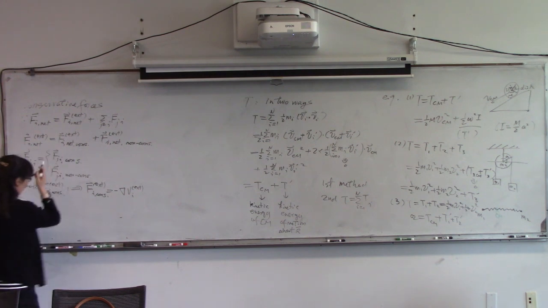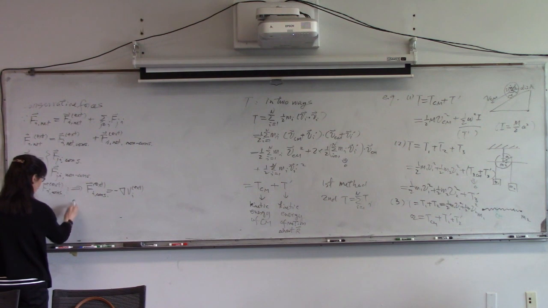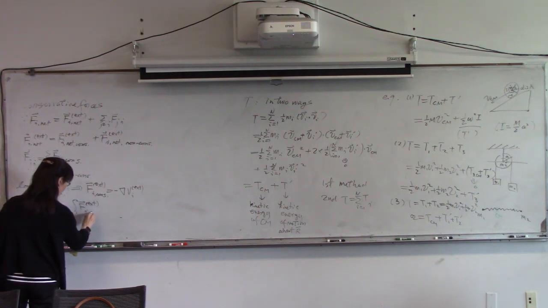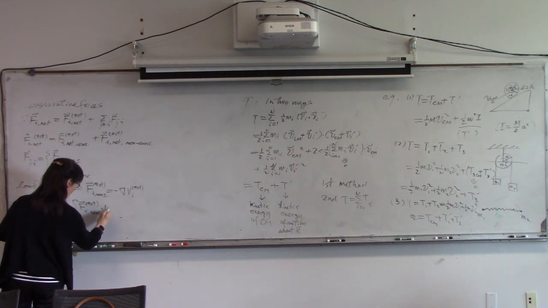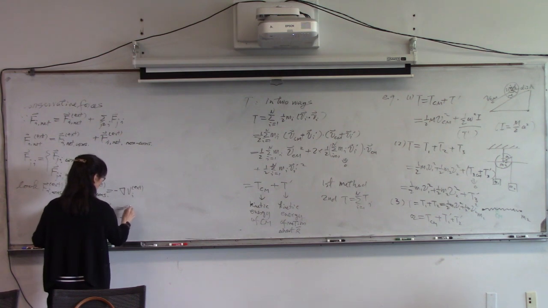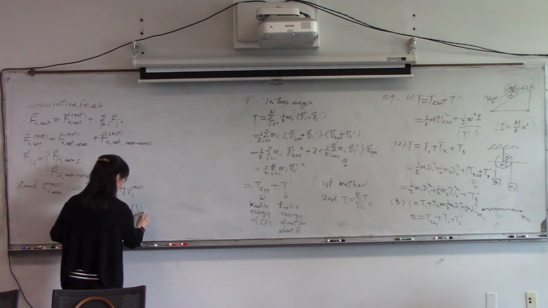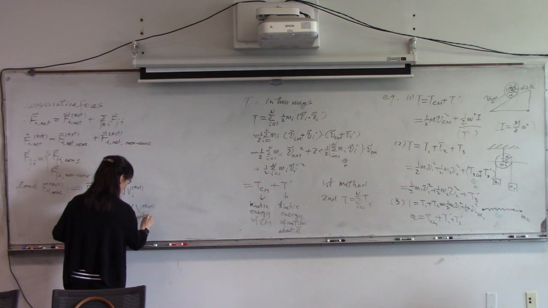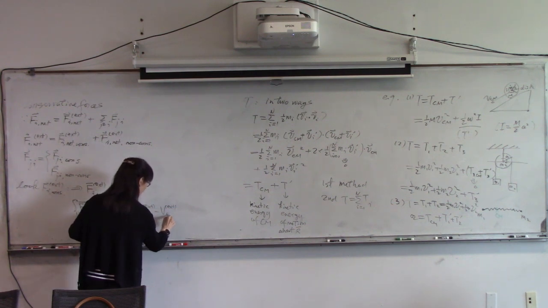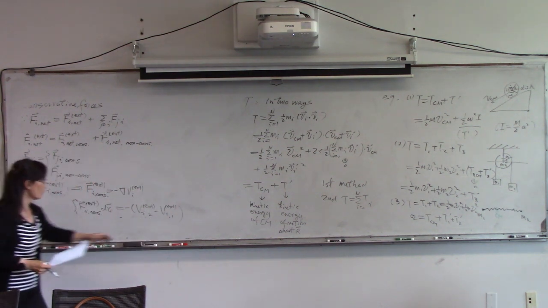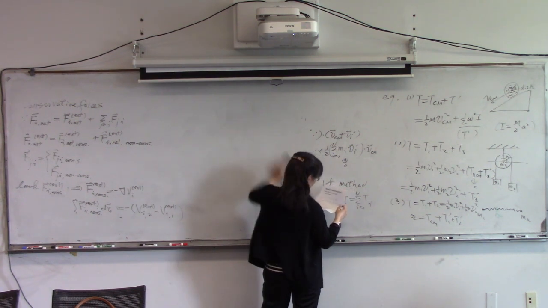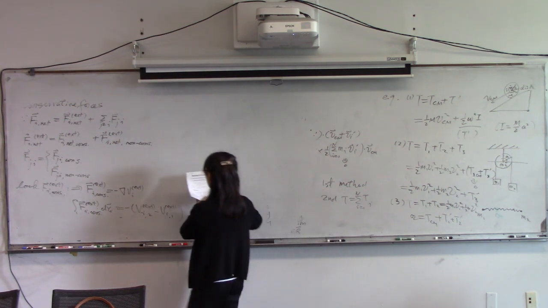And from here, the work done by this external conserved force gives us the negative change of Vi external 2 minus Vi external 1, right? So that is just the single particle discussion.